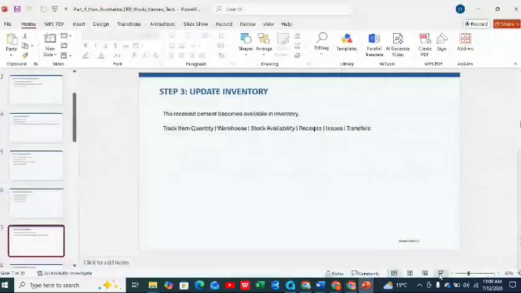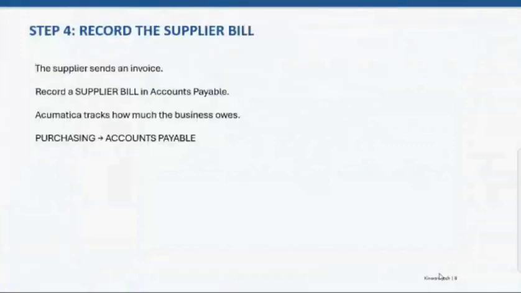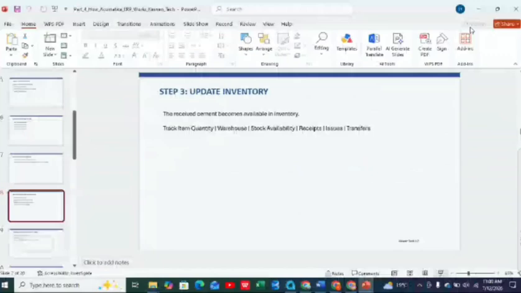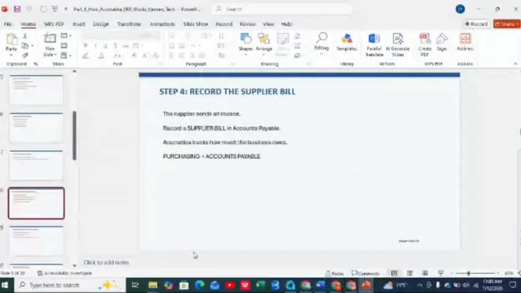Let me maximize this screen. So these record the supplier's bill. The supplier sent an invoice and recorded a supply bill in the account payable. So Acumatica tracks how much the business owes the supplier. So as you can see, when we get now to the payable screen, let me get back again, escape, and then I need us to see the payable screen here.